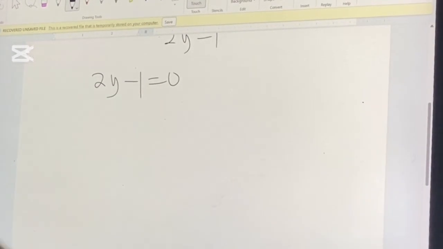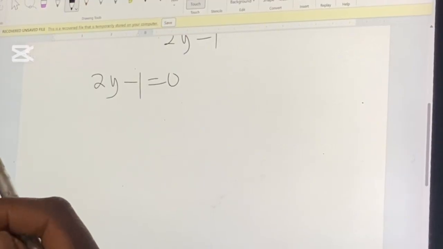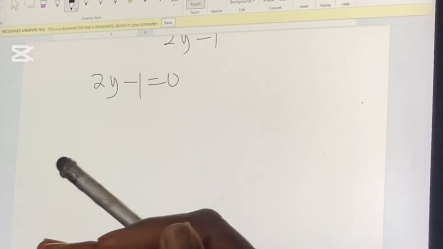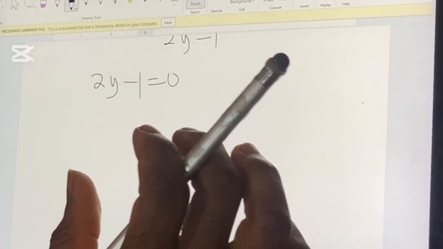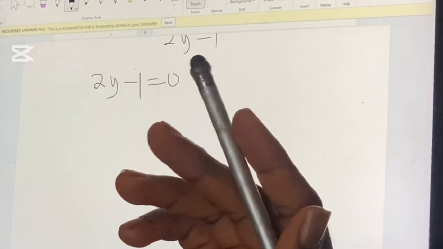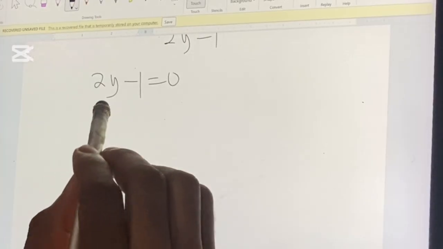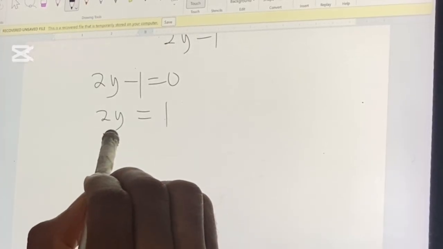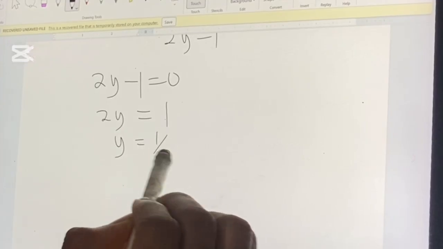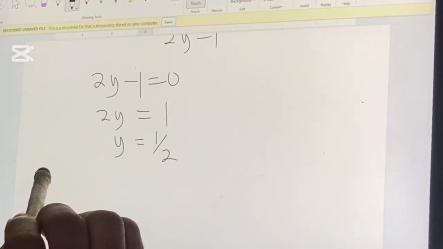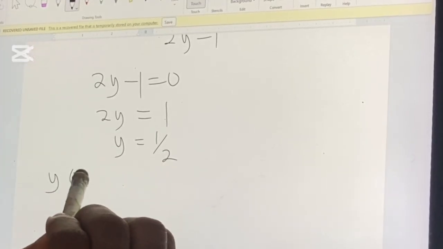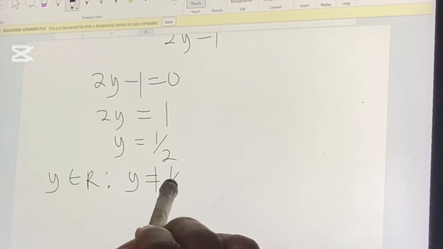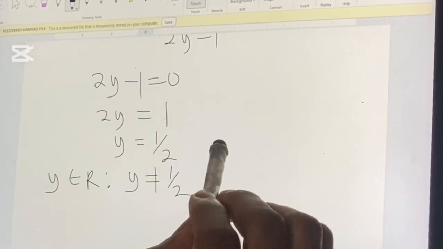Our intention here is to find the undefined value, and when you find the undefined value, any value that's not an undefined value is defined. Please take note. So let's make y the subject. I will have 2y is equal to 1. So y will be equal to 1 over 2. It means that y is an element of all real numbers such that y is not equal to 1 over 2. Please take note.